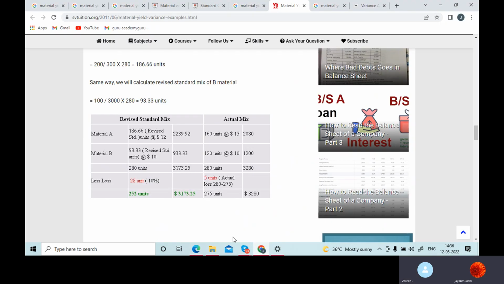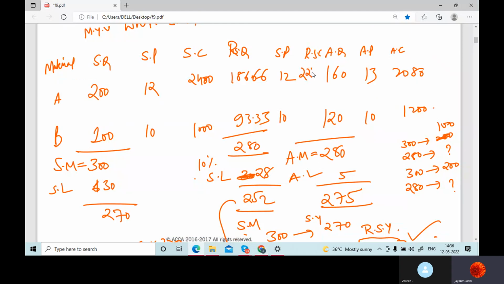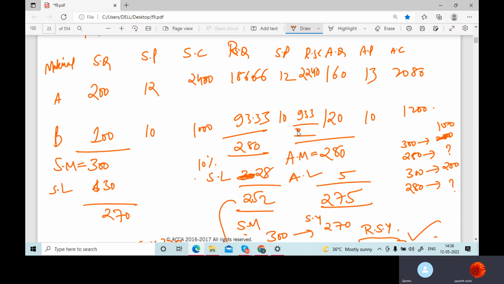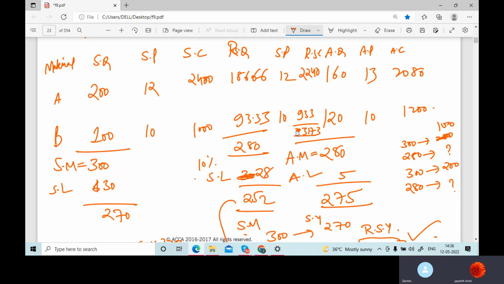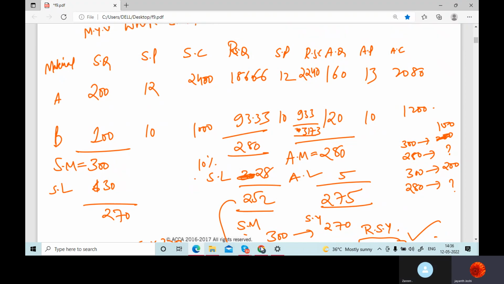It's 2,240 and 933. Add these to get 3173. 3173 divided by 280 is 11.33.